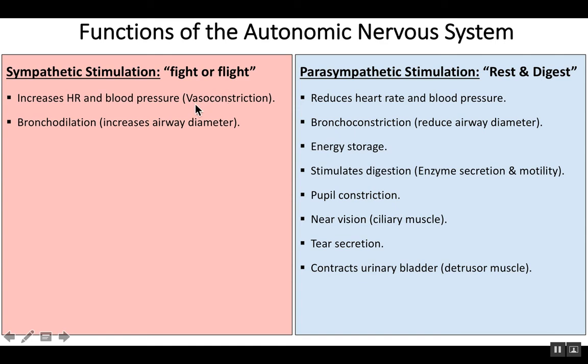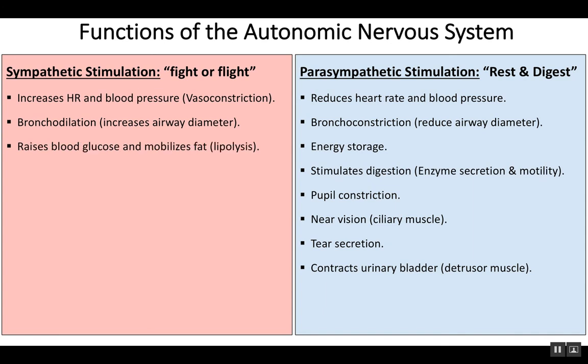So fight or flight causes constriction of blood vessels. That increases the pressure. More pressure in the cardiovascular system, we can distribute more energy. Your airways, on the other hand, will dilate because we need more oxygen. So bronchodilation is sympathetic.